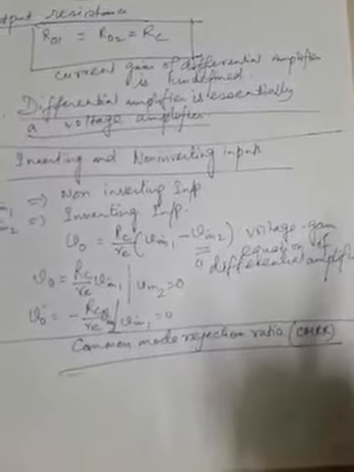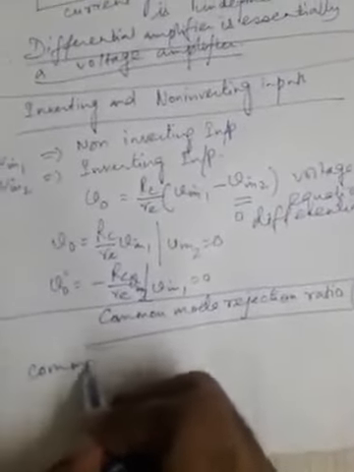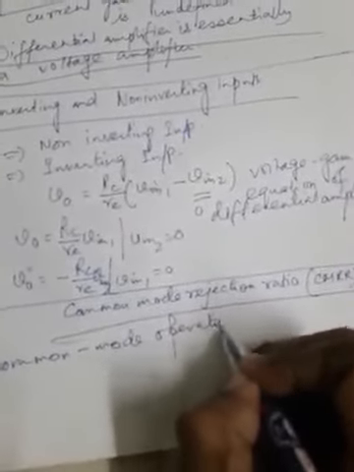So when the same signal voltage is applied to both the input terminals of a differential amplifier, it is said to operate in the common mode configuration. So what is common mode operation of a differential amplifier?